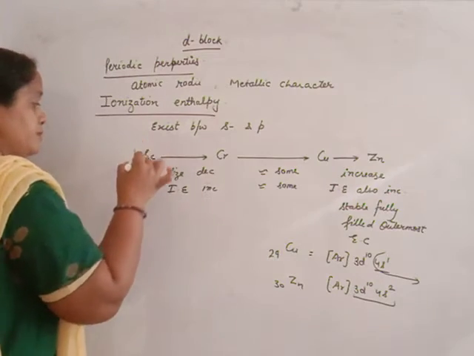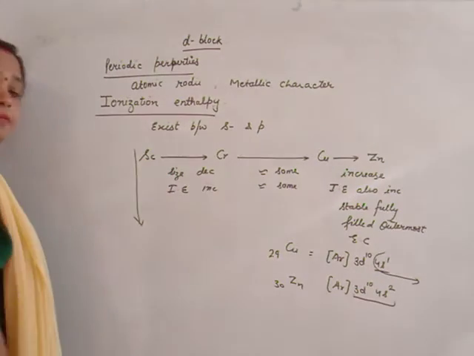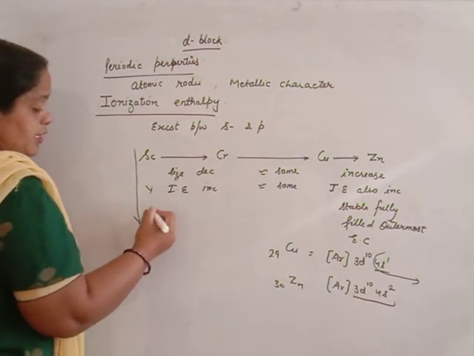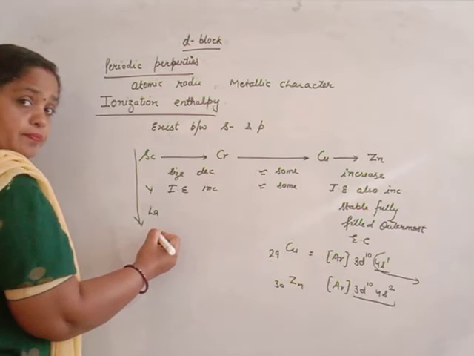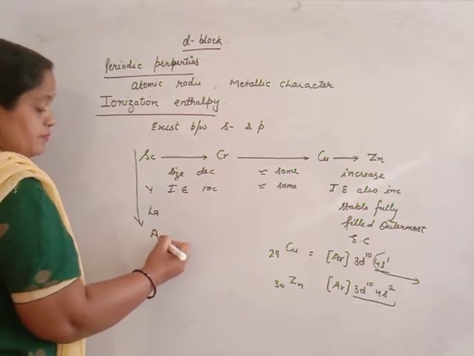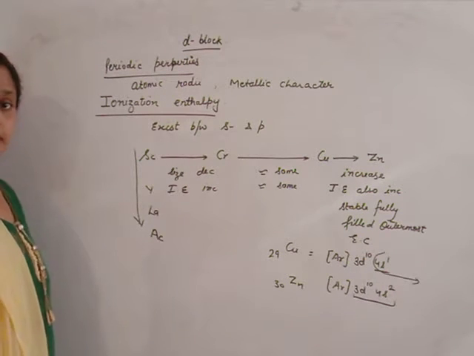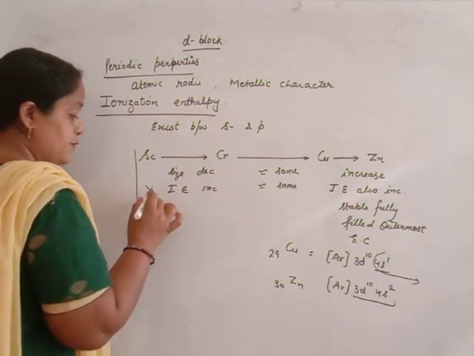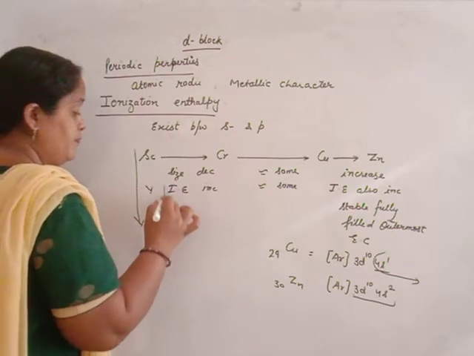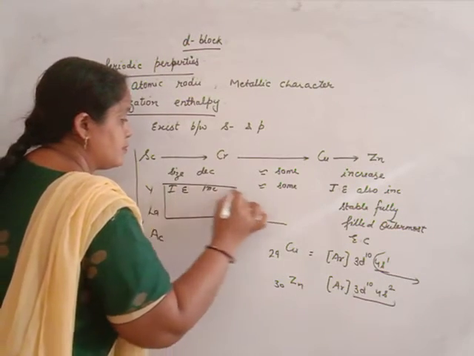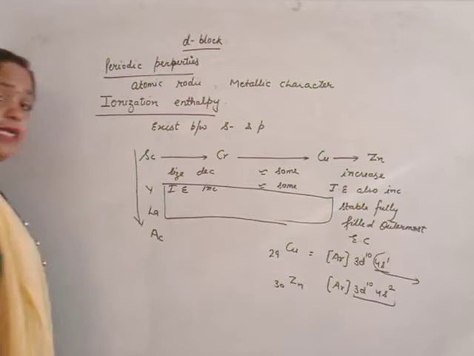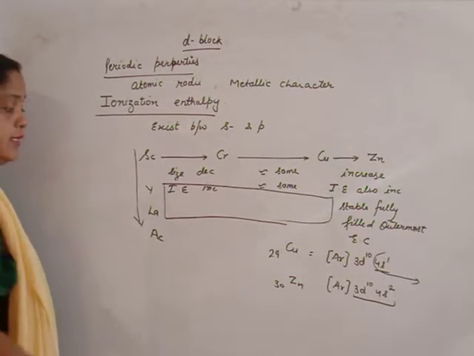As we move from top to bottom, scandium to yttrium, yttrium to lanthanum, lanthanum to actinium, atomic size increases, ionization energy decreases. But after yttrium and lanthanum, the remaining elements have approximately the same size.